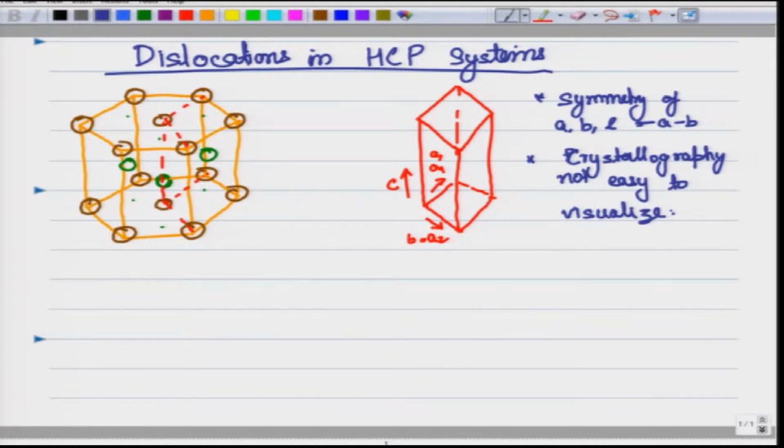Okay, so we come back to this system, and over here we do not use the usual Miller indices. What we use is called the Miller-Bravais indices.